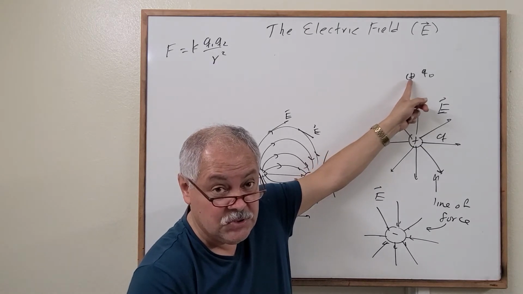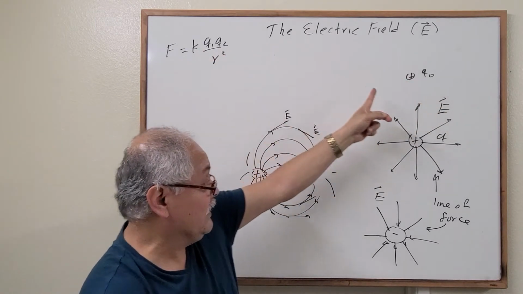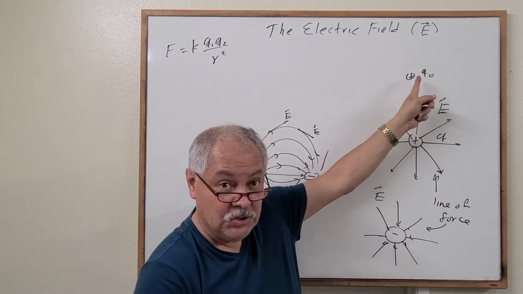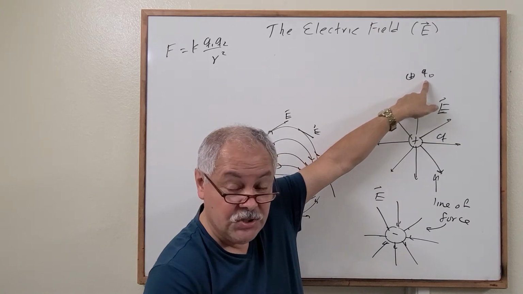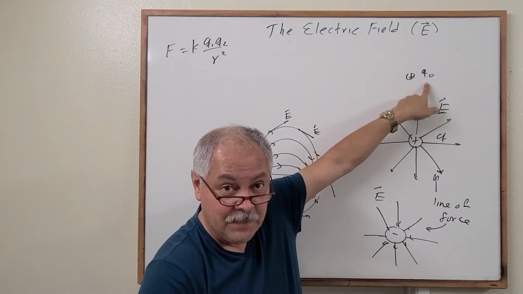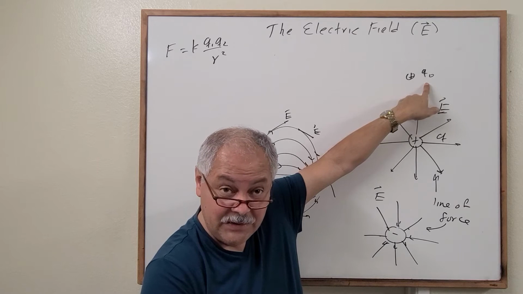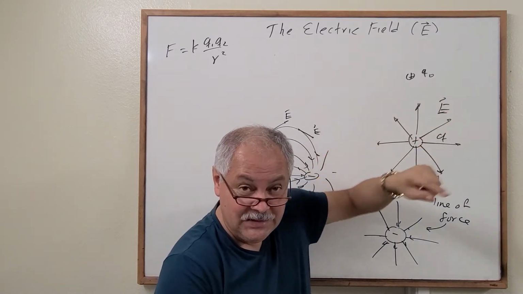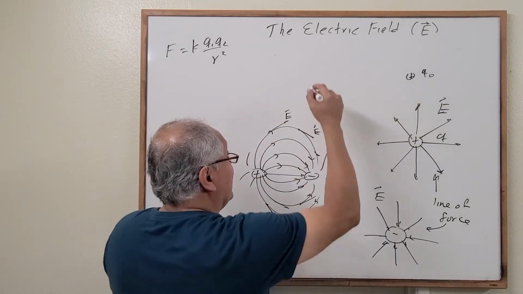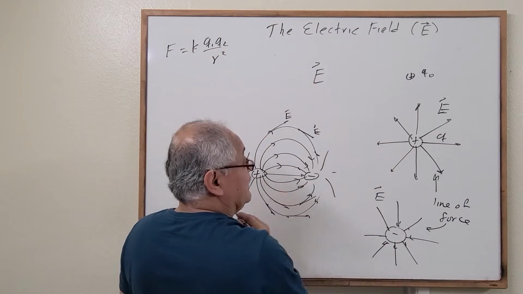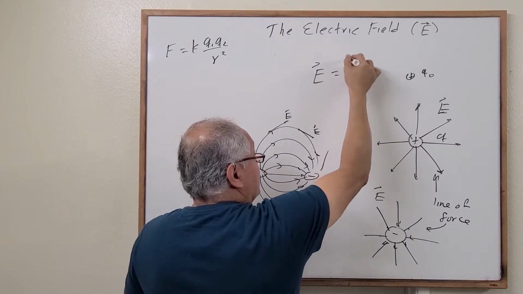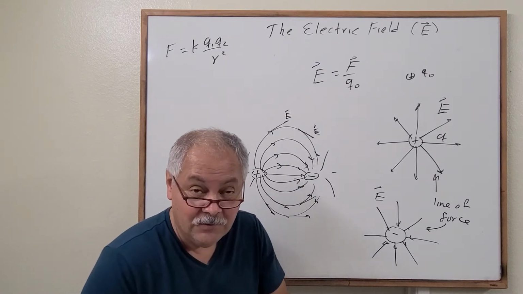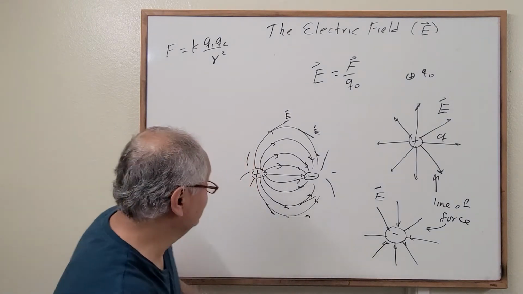The charge is used just to find this force, or to specify the presence of the electric field, and then let's remove it, right? And this is done in this way. So the electric field, as a vector, is equal to the force divided by the test charge.